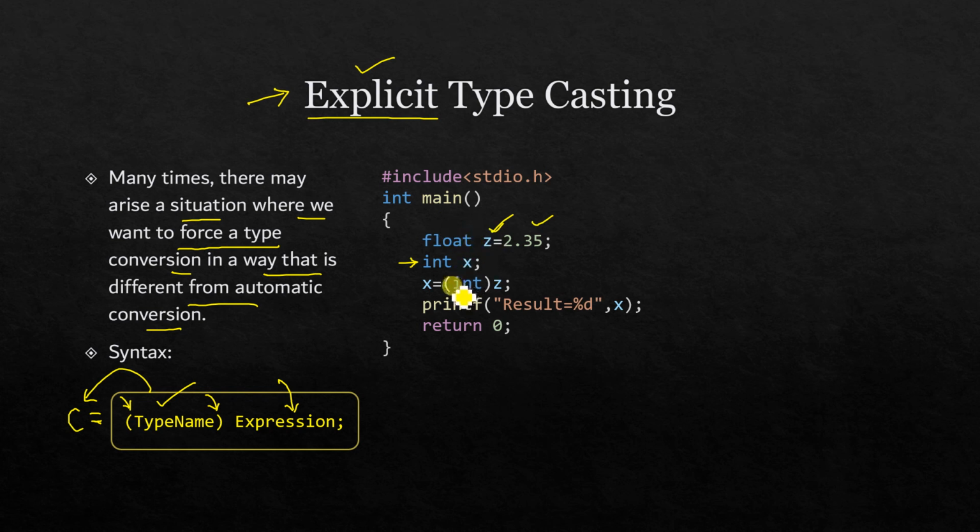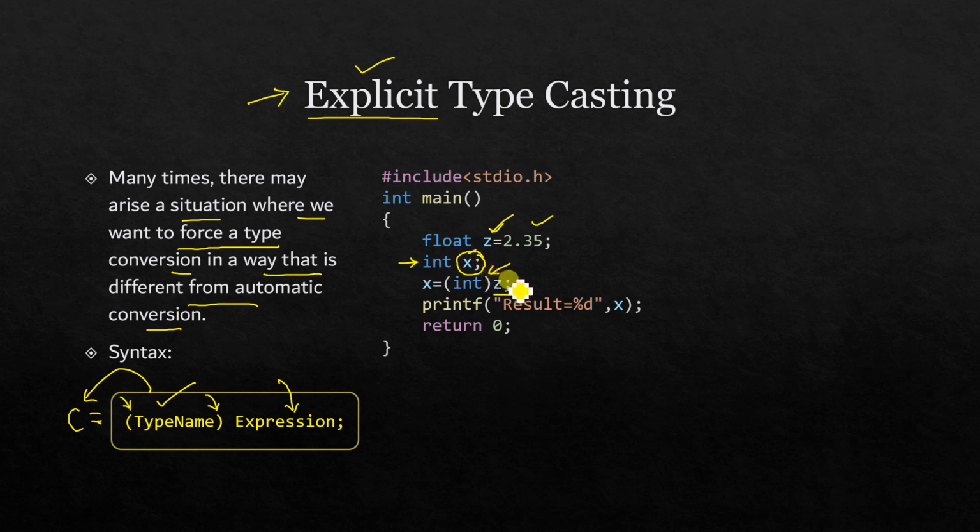That's why I used the brackets and typed int. Since I have taken x as integer and want to assign an integer value to x, I write int inside the bracket, so whatever expression comes after it will be converted into integer, and that value will be assigned to x.